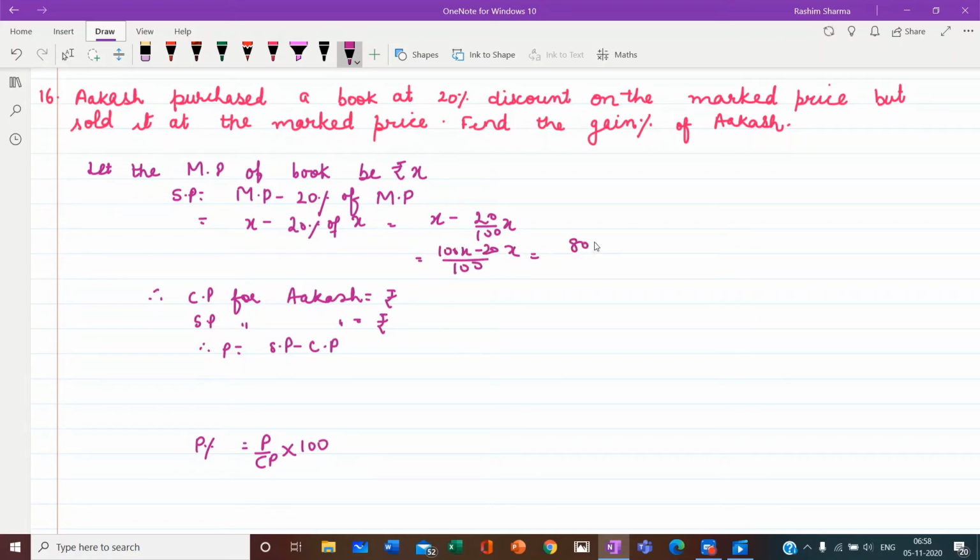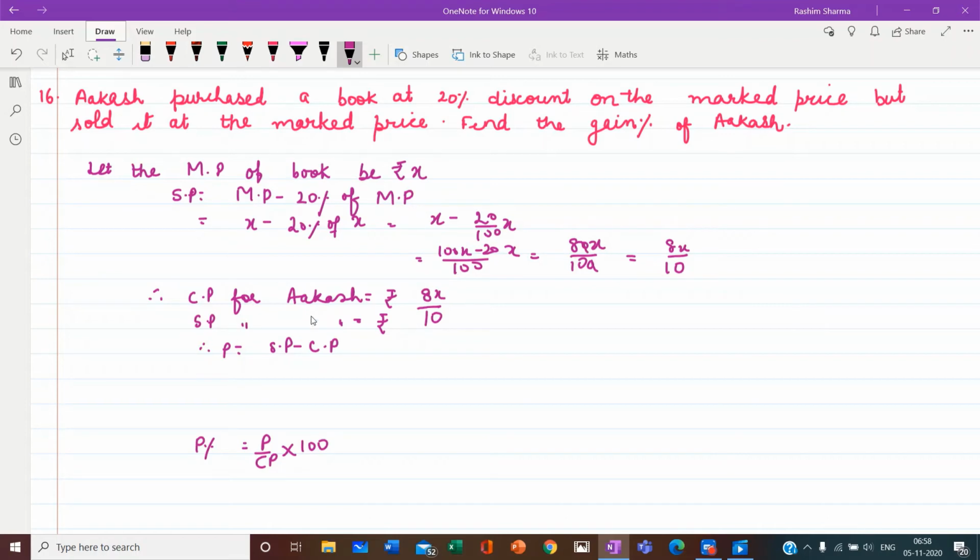So 80x upon 100. We can write it as 8x upon 10. So this is the selling price of that shopkeeper. It means this selling price is actually the cost price for Akash, because Akash has purchased it. Okay, so the cost price for Akash is rupees 8x upon 10, but he sold it at mark price.